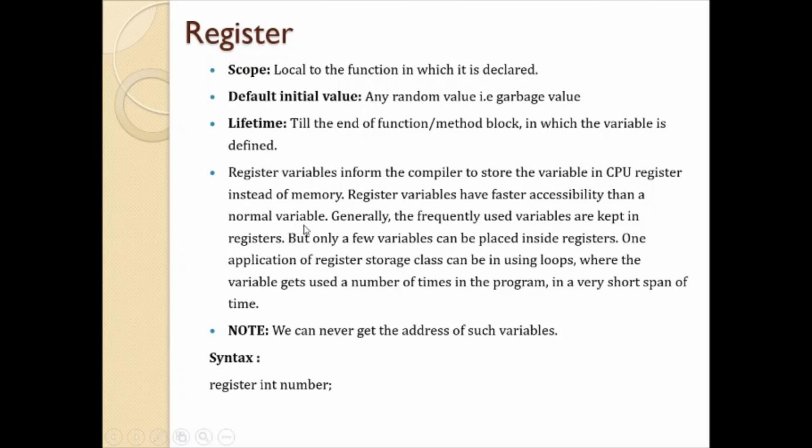When you compare to a normal variable, the access speed of register variables is fast. Generally, the frequently used variables are kept in registers. Hence, as the access speed of register variables is higher, you can pick those variables easily from the CPU register.